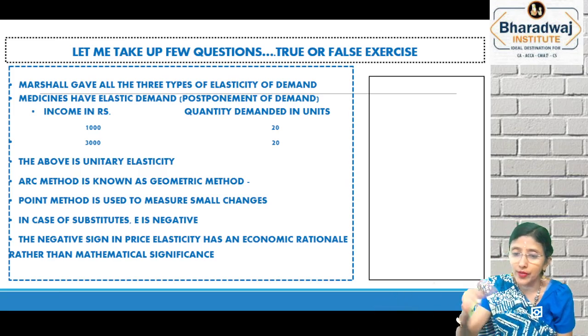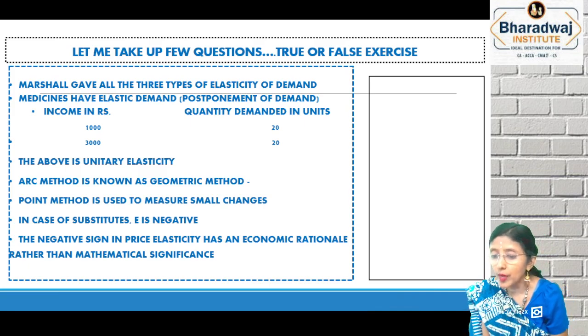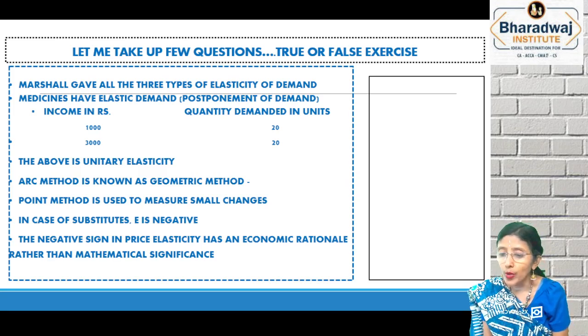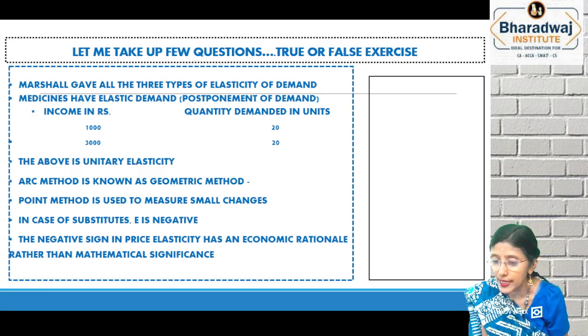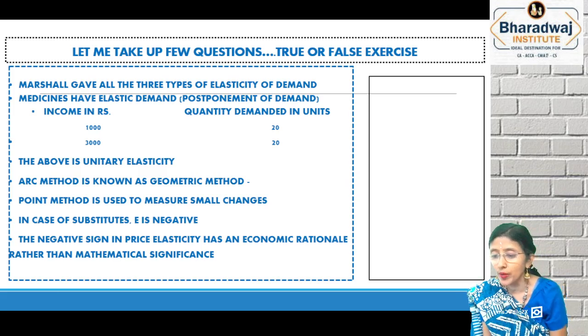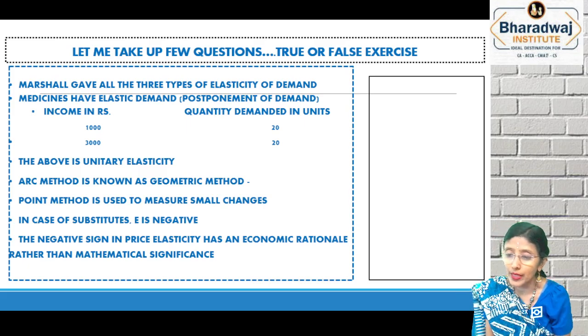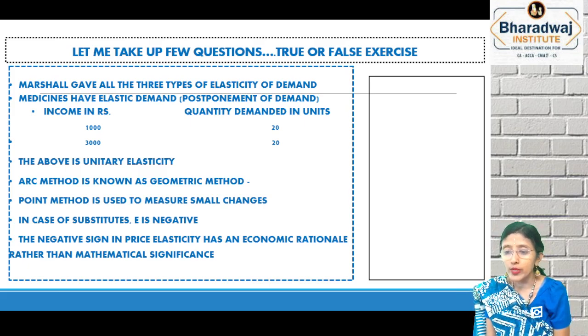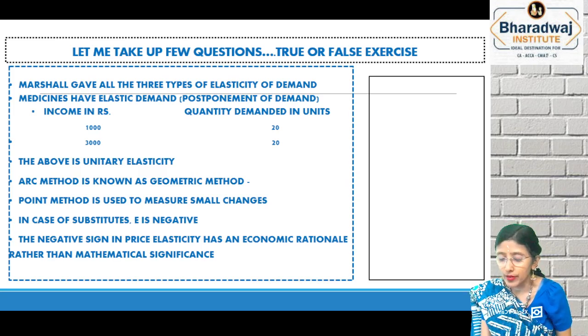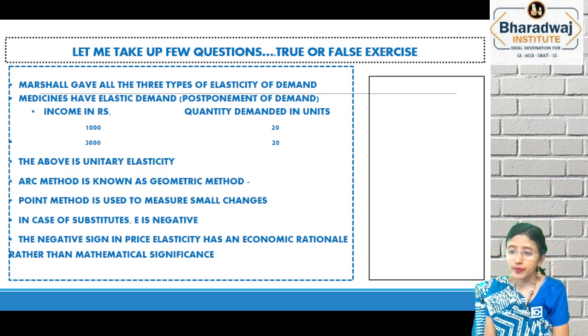Income on one side and quantity demanded on the other; the above is unitary elasticity, true or false. Arc method is known as geometric method, true or false. Point method is used to measure small changes. In case of substitutes, E is negative. The negative sign in price elasticity has an economic rationale rather than a mathematical significance. Mark these questions as very important. Okay, so now please try answering these questions.